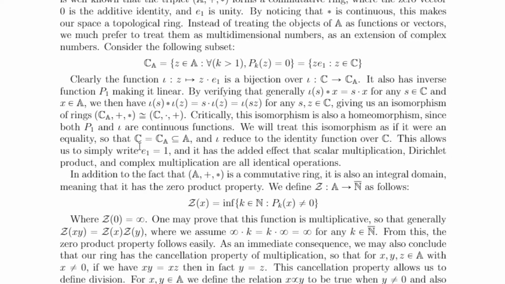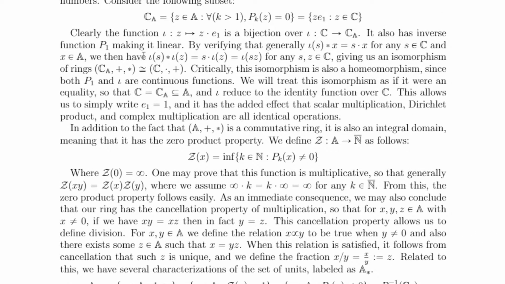So for example, this means our first basis vector, e1, is actually just 1. We can just write 1 for that if we want. It's actually just the unit. So e1 is 1. The first basis vector, the first direction, is the unity. And we can see really clearly right here, and also here, that scalar multiplication, Dirichlet product, and complex multiplication are all the exact same thing under this isomorphism.